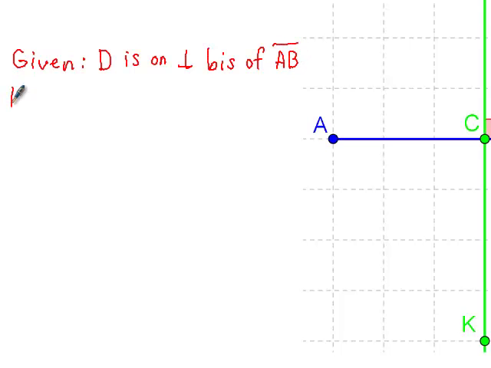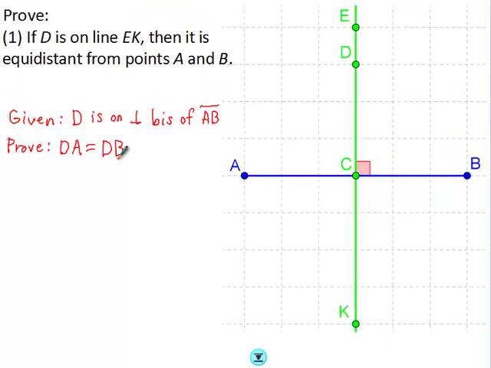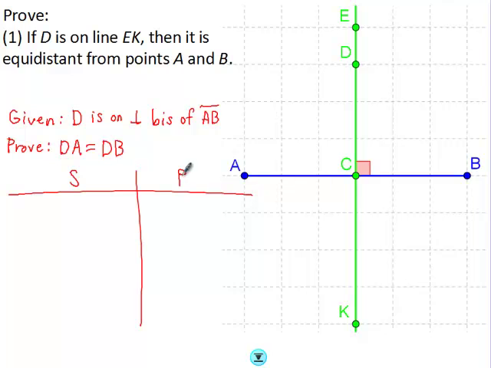And what we have to prove is that it's the same distance from A that it is from B. So the way to write that would be that DA is the same distance as DB. Okay, we like doing two-column proofs. On the left, I'm going to have my statements. On the right, I'm going to have reasons. The first statement is always whatever is given.